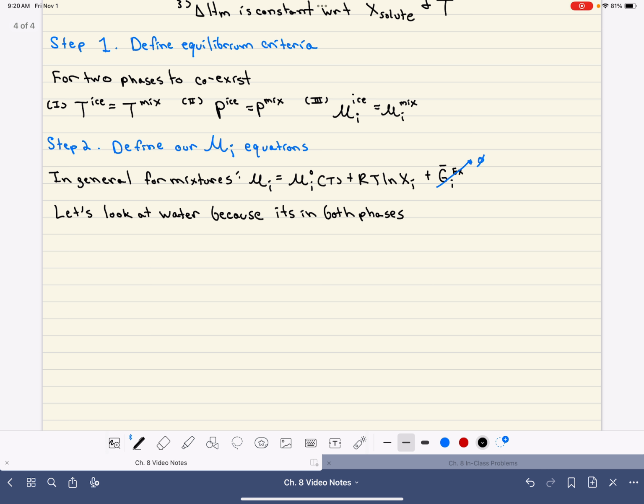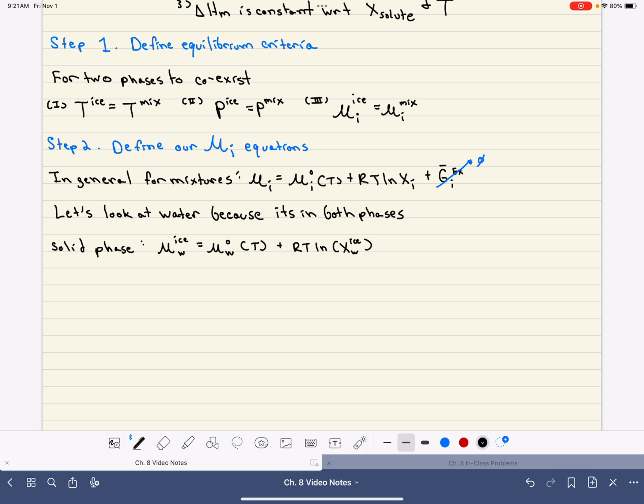Okay? All right, so first we're going to define the chemical potential equation for water in the solid phase. And so mu water in ice is going to be equal to the standard state chemical potential, plus RT ln of water in the ice phase.